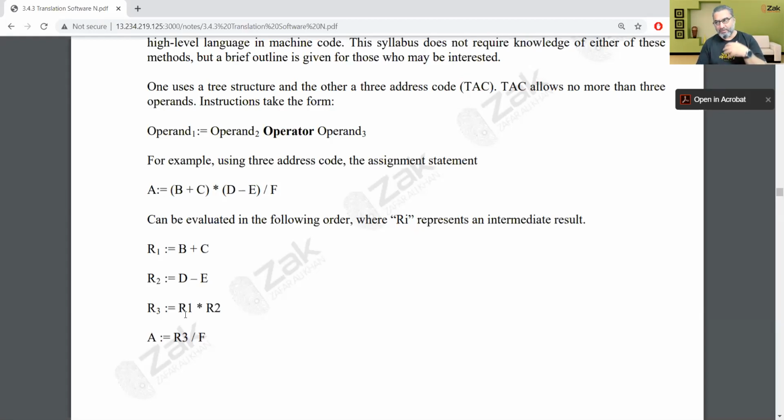So it is part of the simplification from the complex statement to the simplified one that could be understood by the computer. It can be executed by the computer at one stage in one cycle. So get the idea. So you might be given a larger statement. You might be told to break it down and simplify it using three address code.